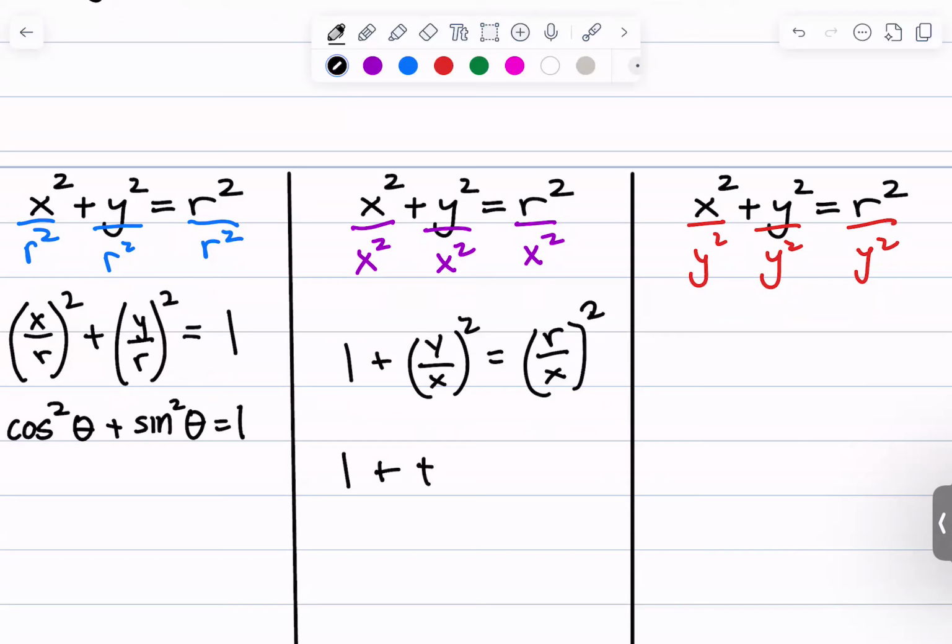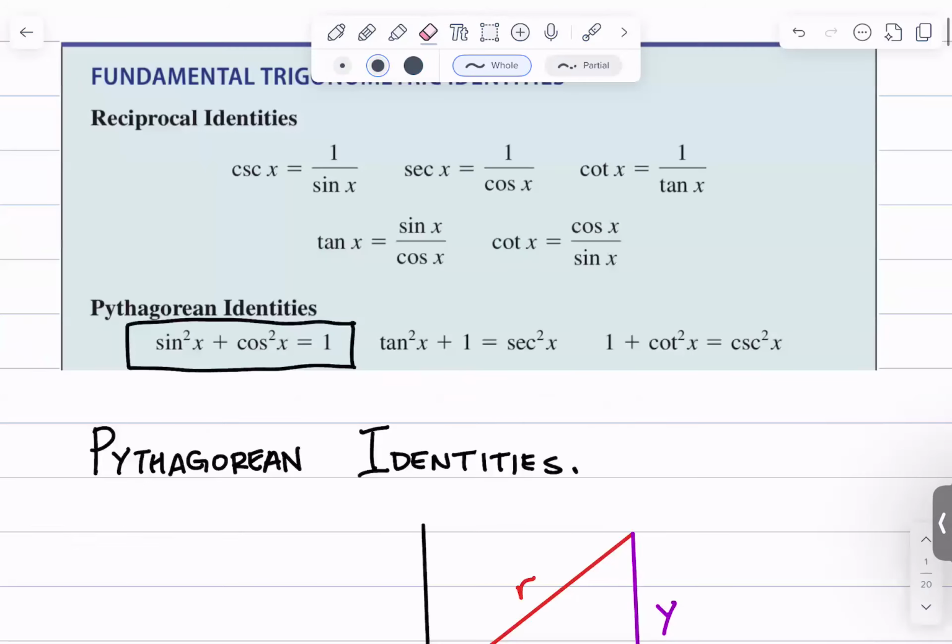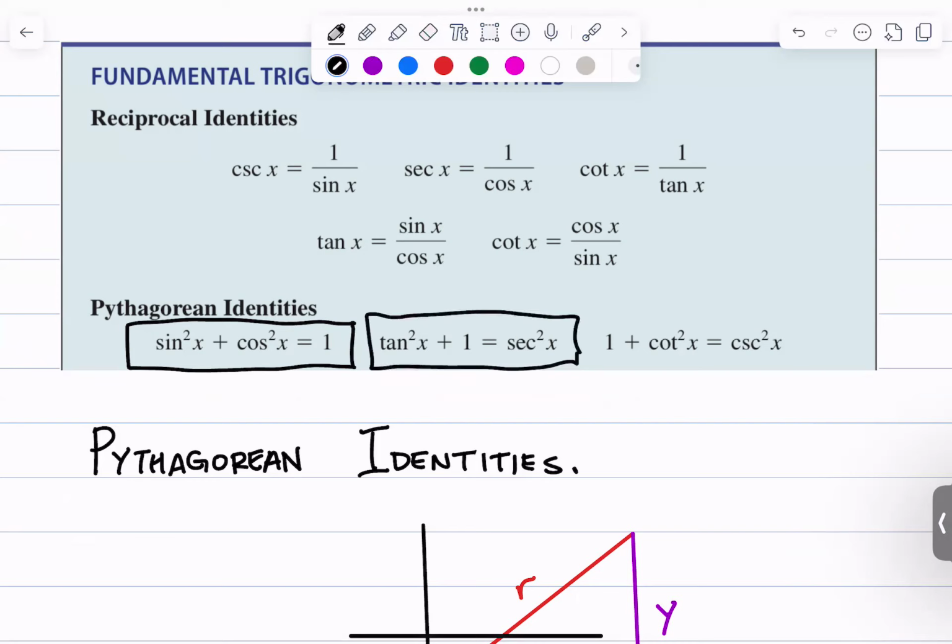Tangent squared theta equals, what is r over x? Secant squared theta. Okay? That is this second one here. 1 plus tangent squared is the same thing as tangent squared plus 1.